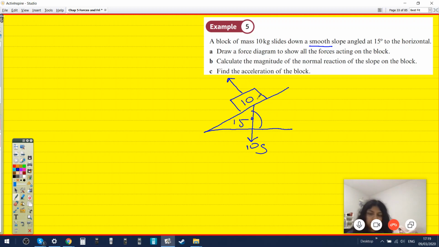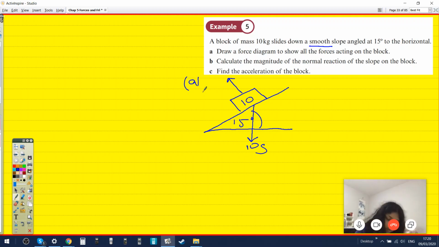Calculate what R is. Okay, so in the vertical direction, it would be 10G cos 15. So R minus 10G cos 15 is equal to 0.